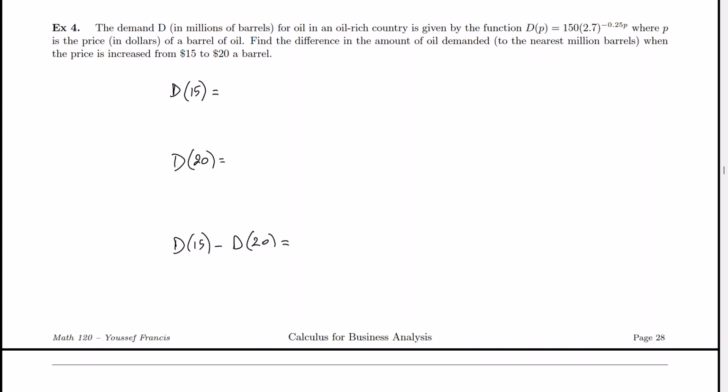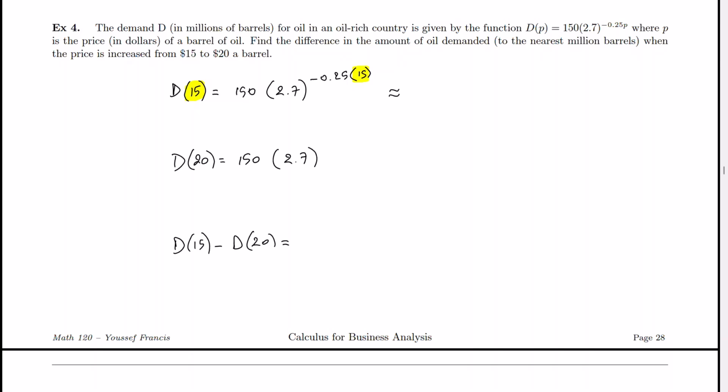So for 15, I'm just going to type in 150 times 2.7 to the power of negative 0.25 and replace the p with 15. So that's straightforward. Because I'm given 15, I just replace p in the exponent with 15, and we'll put this in the calculator in a second and see what the value is going to be. In the same way, I'm going to do the second one.